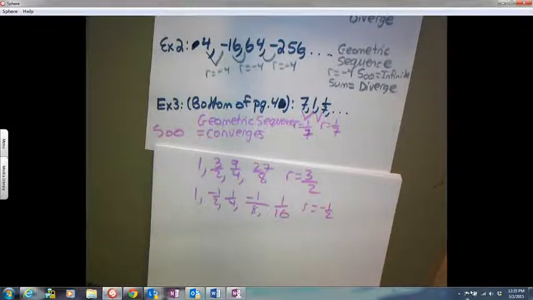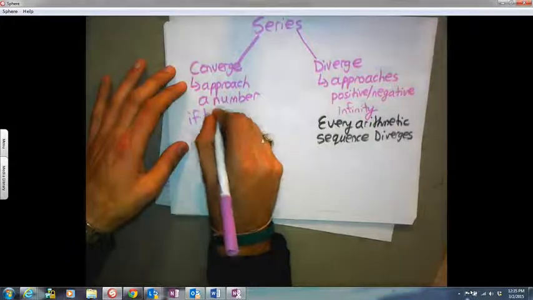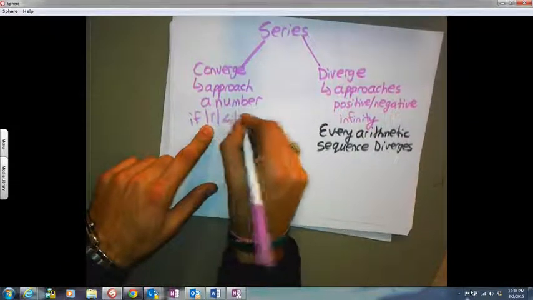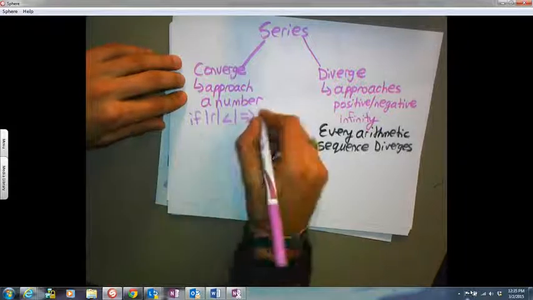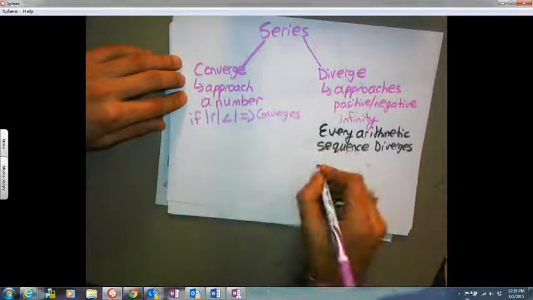So it's right there. If, and I'll write it as the absolute value of r is less than 1, then the series converges. And if the absolute value of r is greater than 1, then the sequence diverges.